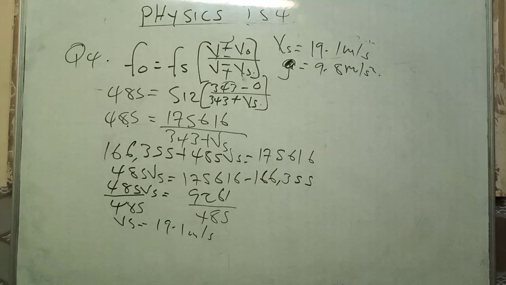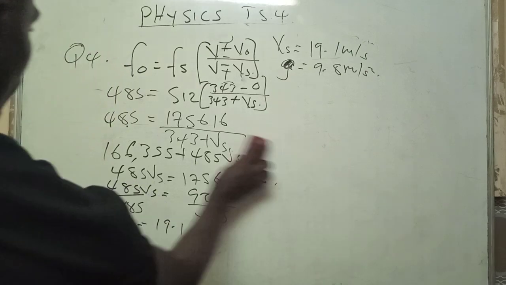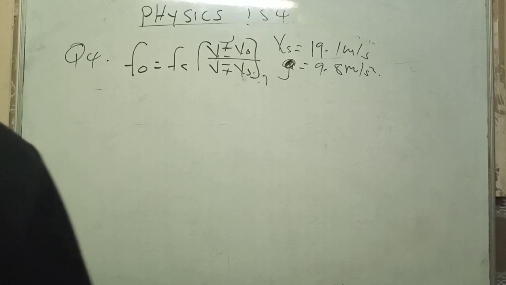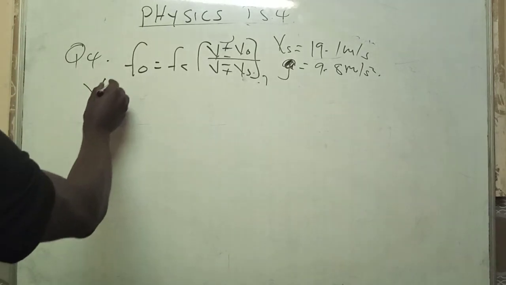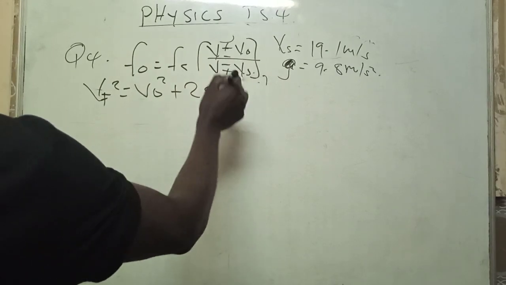Okay. Then from here, which formula can I use? I'll go back to the equations of motion. If I have these details here, how can I find the height? Therefore, I can use this formula: V final squared equals V initial squared plus 2AS.